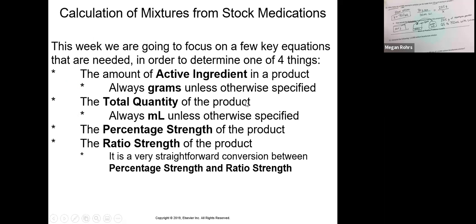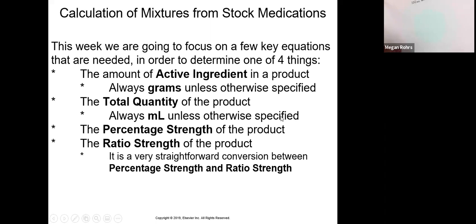This next slide is also very important to remember. So the amount of active ingredient in a product, we're always going to assume that we're working with grams unless they tell us otherwise. Same with the quantity. We're always going to assume that the quantity is mL unless they tell us otherwise.